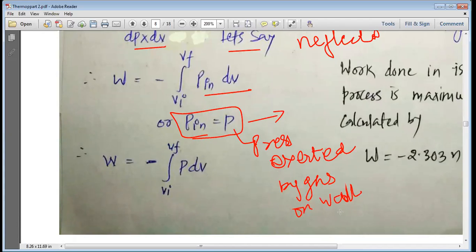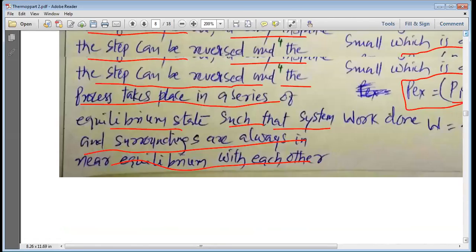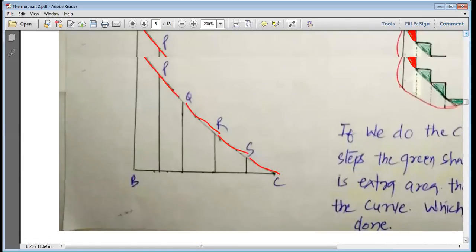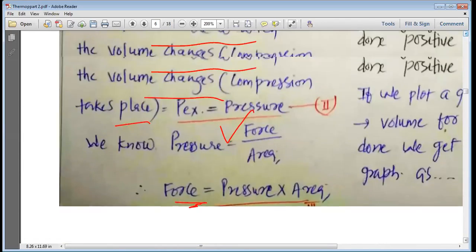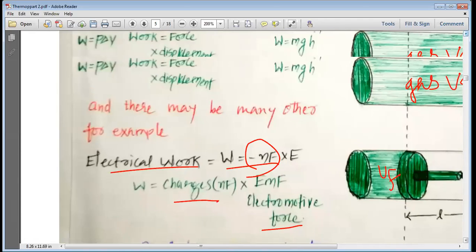So this P is the pressure exerted by gas on the wall of the container, and that is why instead of P internal we now just write P, and therefore W is equal to minus integration V initial to V final P dV. My dear students, I have already mentioned in the previous pages that P is the pressure, that is the external pressure.